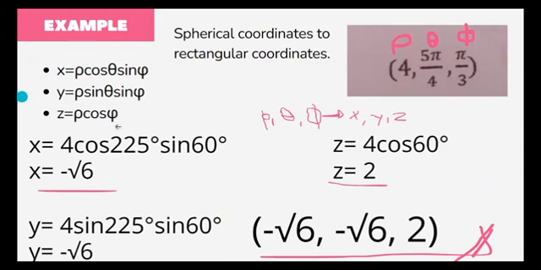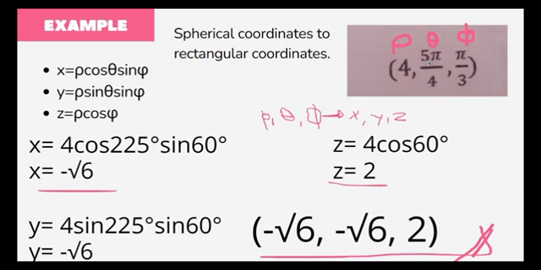And we need to use these equations to resolve. The only thing that we need to do is put the numbers in order: rho is 4, theta is 5 quarters of pi, and phi is pi divided by 3.